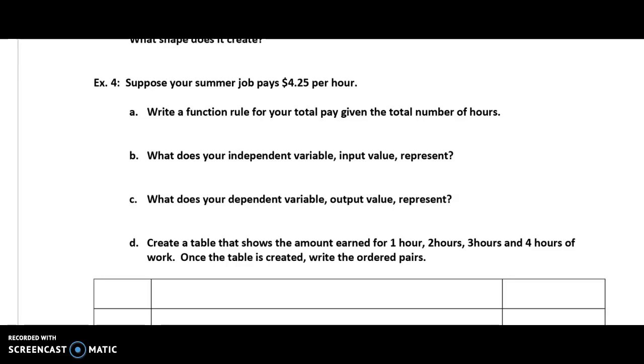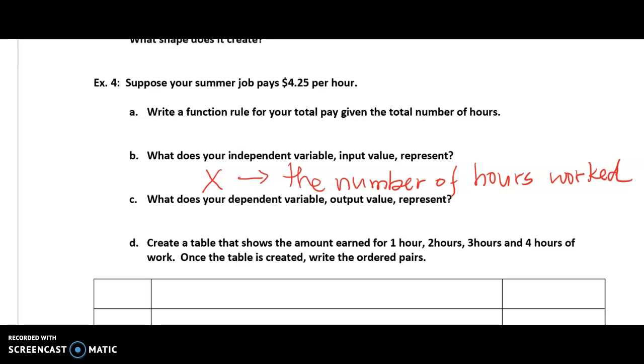For independent variables, we usually use the variable x. For us, the independent variable represents the number of hours you work.